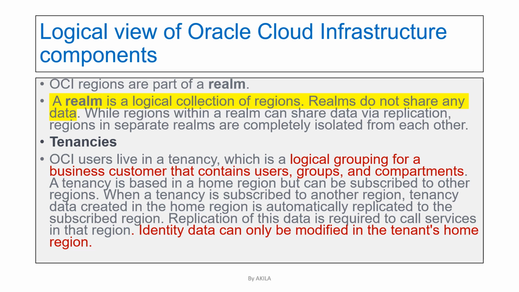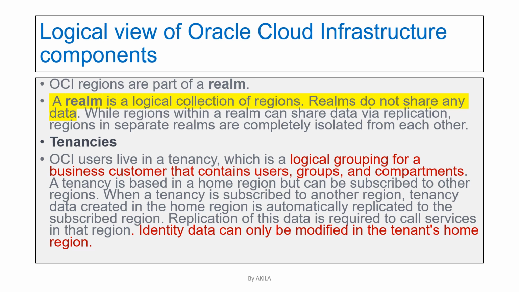That is also a main concept of Oracle Cloud Infrastructure components. So a realm is a logical collection, and it can replicate and share within the regions, and each and every realm is isolated from each other. Another important concept I mentioned is the tenancy, which is a logical grouping of business customers that contains users, groups and compartments.